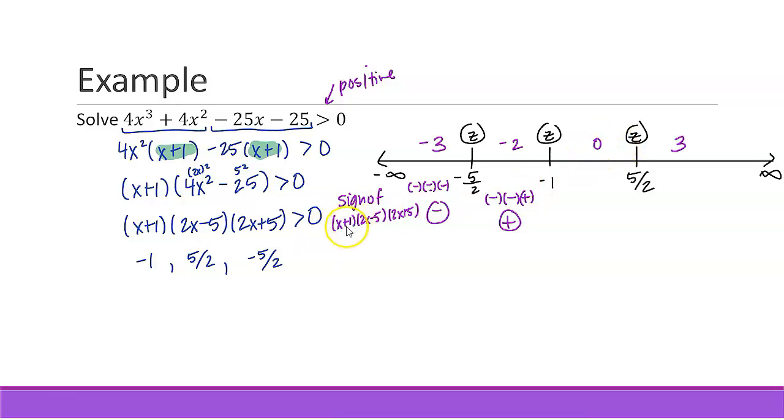So the two negatives cancel, give me a positive, times a positive, that's a positive overall. 0 is nice to plug in, because I'm going to get 0 plus 1, that's positive. 0 minus 5 is negative, 0 plus 5 is positive. So multiplying all this, I'd have a negative overall. And then when I substitute in 3, 3 plus 1 is positive. 2 times 3, 6 minus 5 is positive.